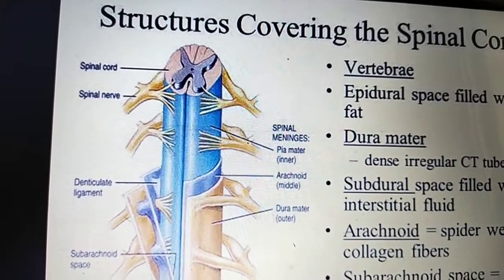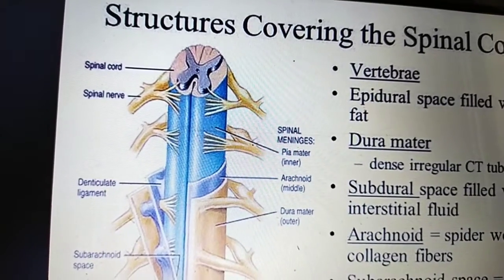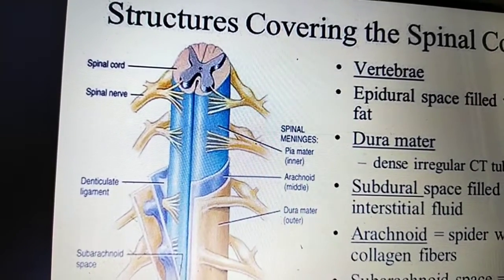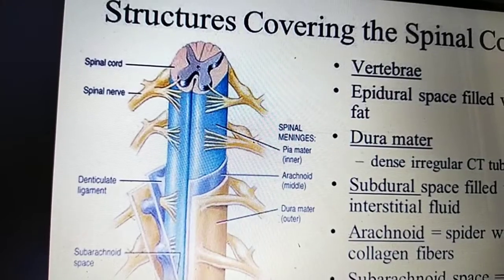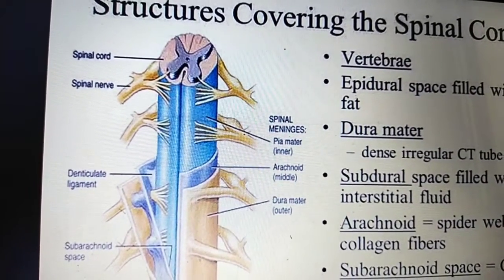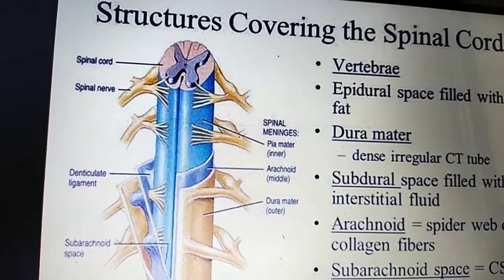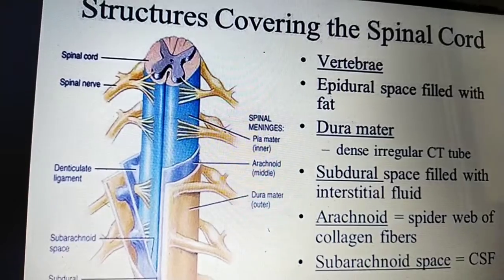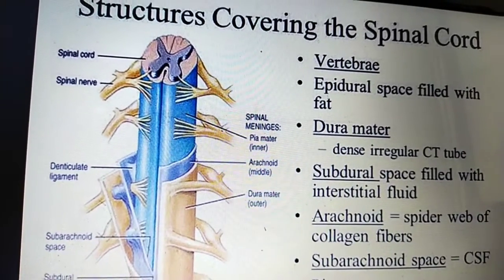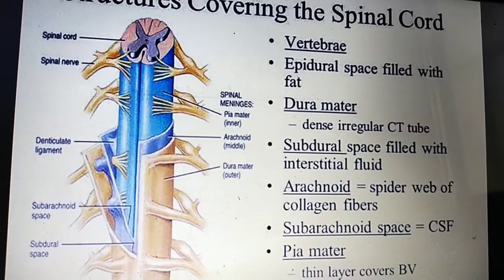Okay, it is present in the vertebral wall or vertebral canal or spinal canal. Above that, covering the inner vertebrae, is the epidural space filled with fat, blood vessels and connective tissue. Then comes the dura mater, a dense irregular connective tissue tube.